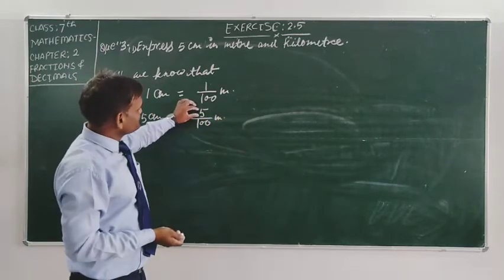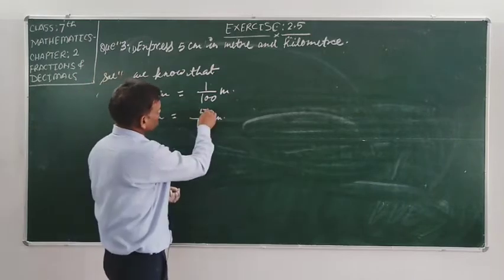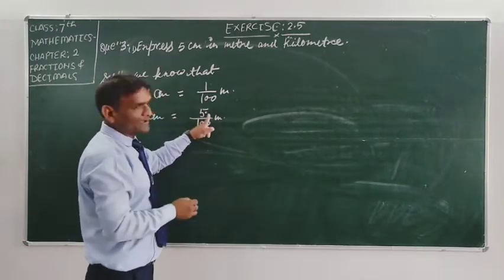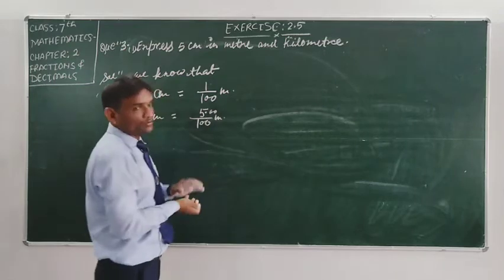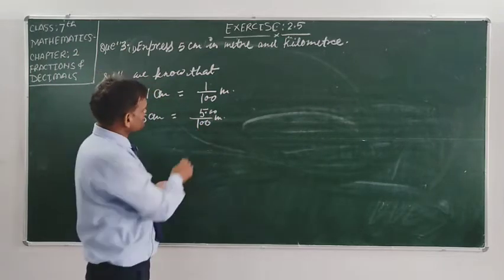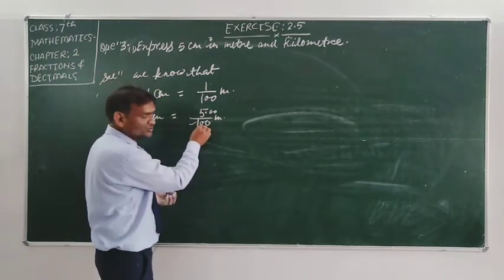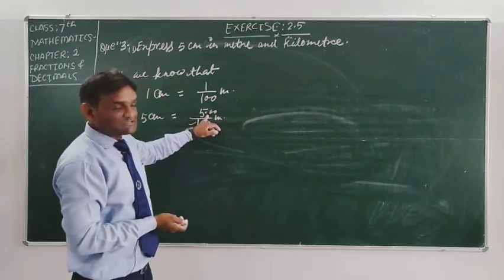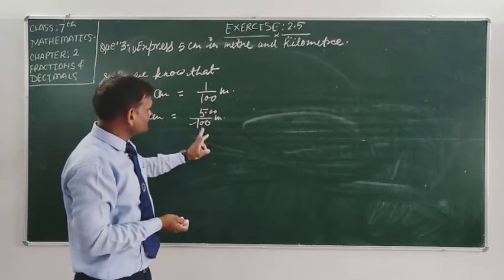And you know, this is the whole number, and we can use the decimal point at the last of this whole number, and we can write as many zeros as you like. And this 100 has 2 zeros. So the decimal point will slip to the left side 2 digits. Why?